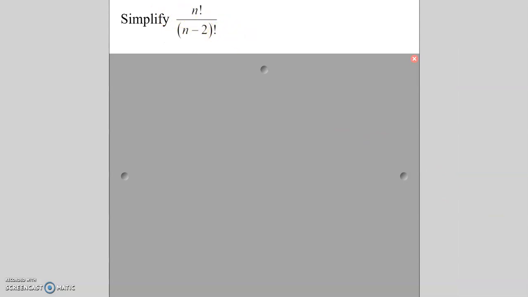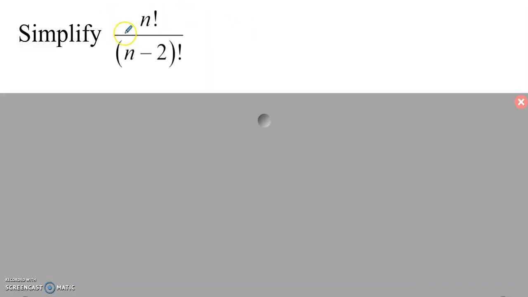Okay. All right. Now, this kind of pattern can be very helpful when you are dealing with things like this. Here I'm simplifying a fraction that is n factorial over n minus 2 factorial. So I'm going to apply the same kind of logic here. I'm going to write out the factorial. With a variable, it's a little bit harder to write out.